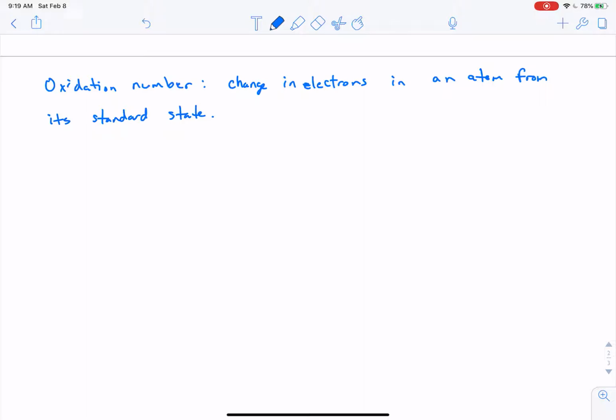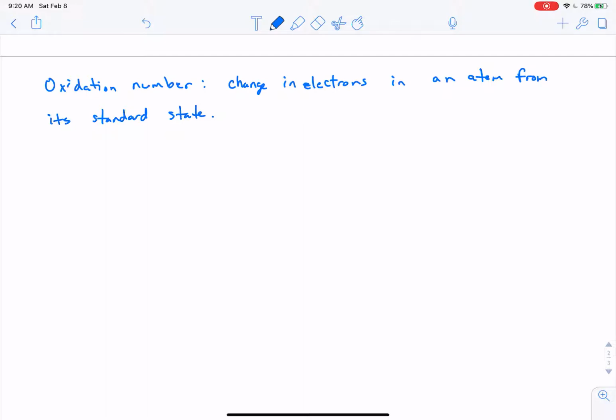So essentially, it's the change in electrons in an atom from its standard state when it's by itself. So this is kind of a theoretical number. It's not always an actual tangible electron transfer. It's just something that's used for keeping track of electrons in an atom.